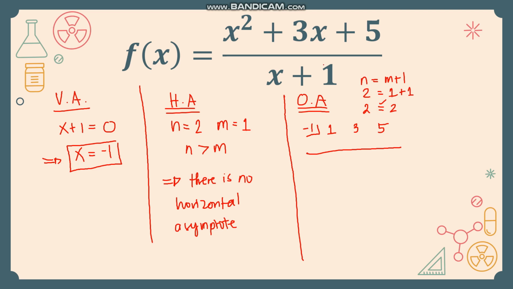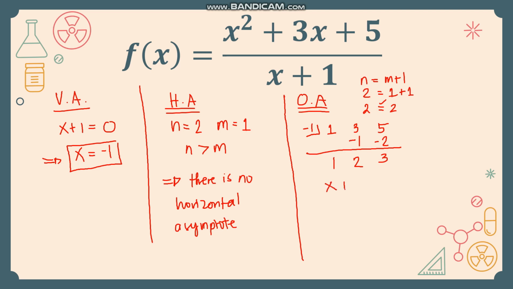So to get negative 1, all you have to do is to equate x plus 1 to 0. Then let's perform now synthetic division. 1 times -1 is -1, plus 3 is 2, times -1 is -2, and then 3. And then let's write this one as the quotient.